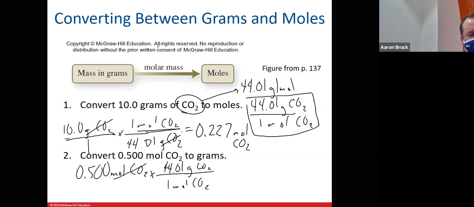My moles of carbon dioxide cancel. 44.01 multiplied by 0.5 gives me 22.0 grams of carbon dioxide.